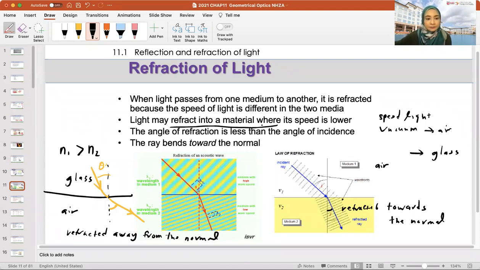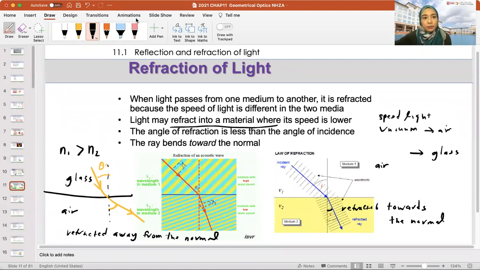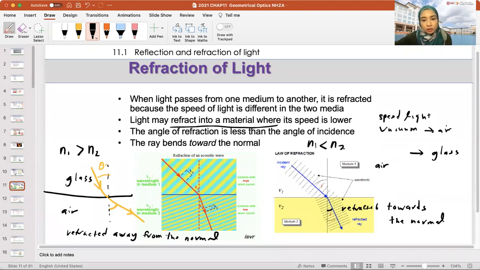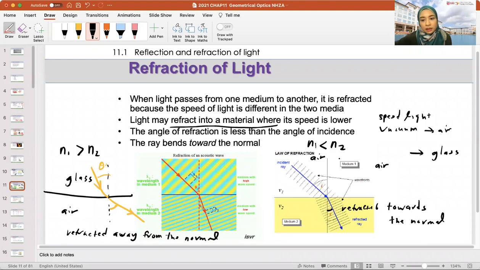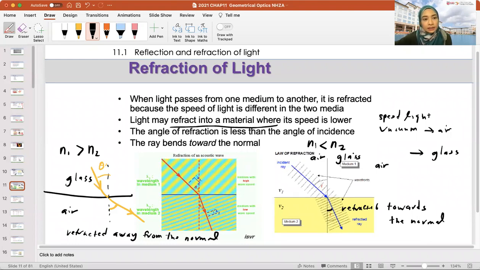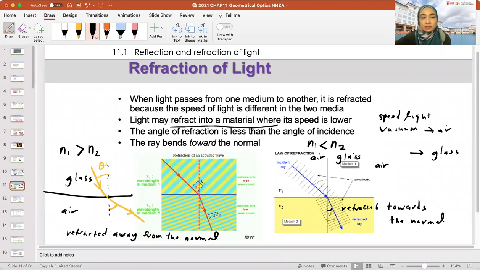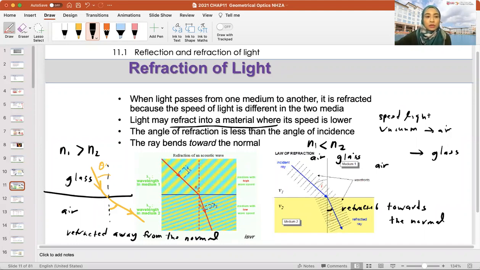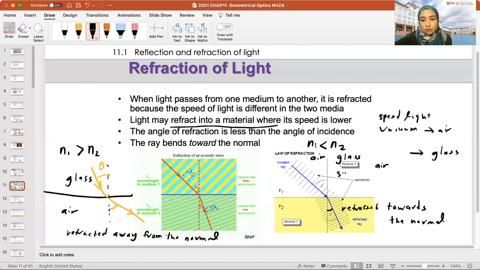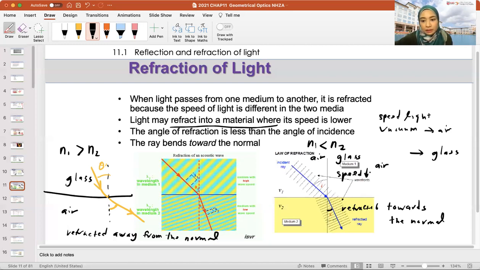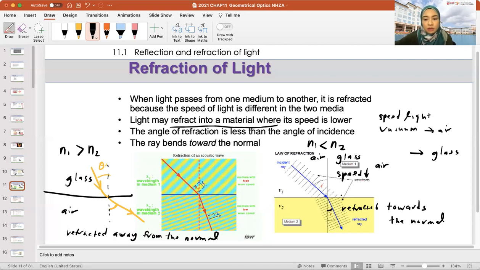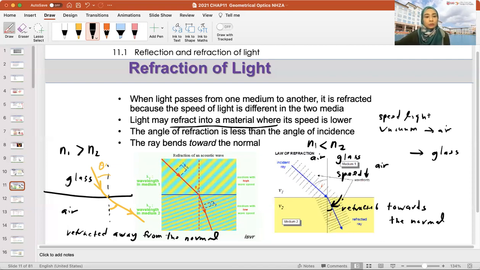When you are traveling from air to glass, or N1 is less than N2, this is air and this is glass. Glass is denser. Glass has a higher index of refraction. With that said, we know that the speed is also slower in glass. So when the speed is slower in glass, it will be refracted towards the normal.